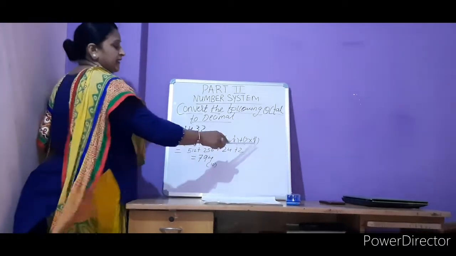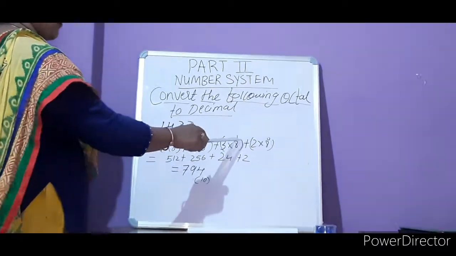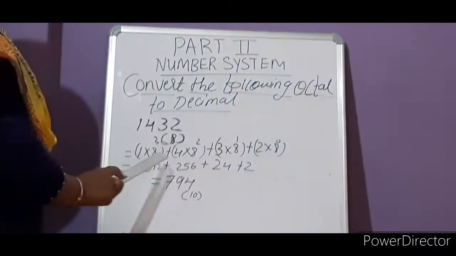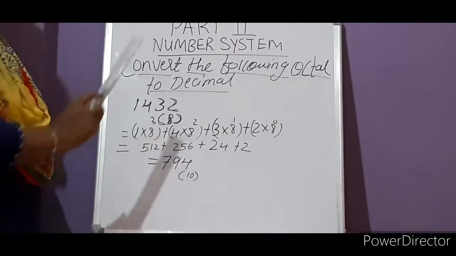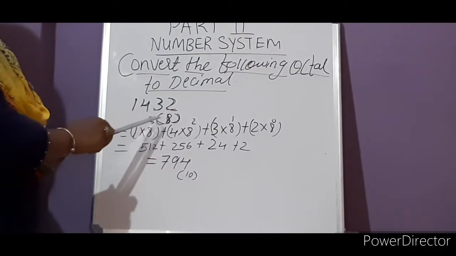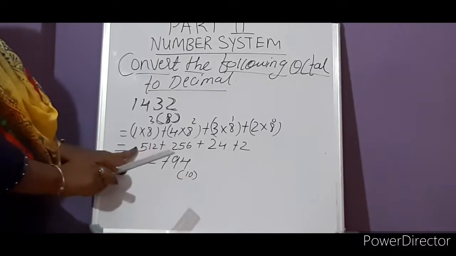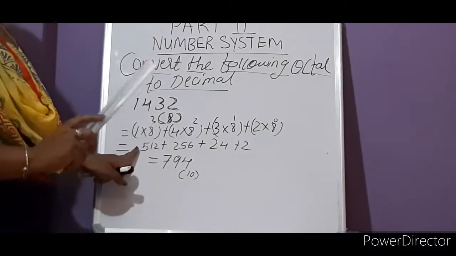Then 8 raised to power 0, 8 raised to power 1, 8 raised to power 2 and 8 raised to power 3 is here. So when it is 3 here, we have to multiply 8 into 8 into 8.